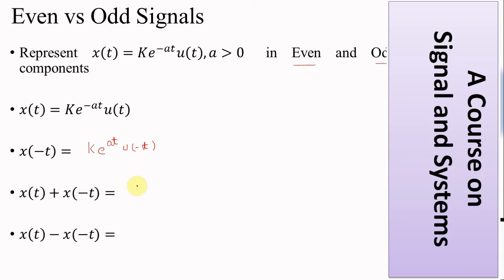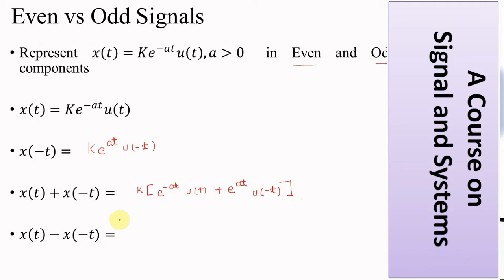We can directly write that this x(t) + x(-t) can be formulated from the above two equations. This comes out to be k [e^(-at) u(t) + e^(at) u(-t)].